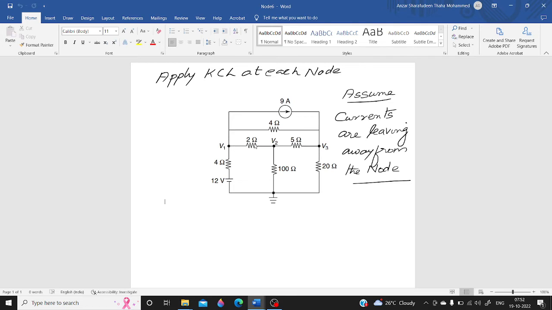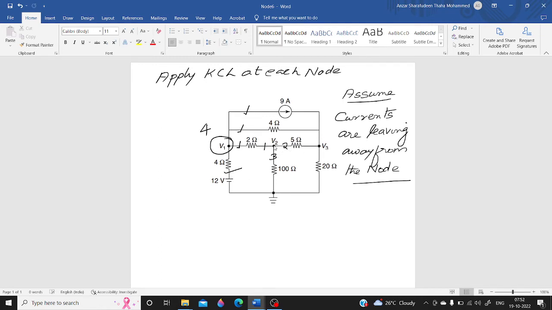How many branches are connected to V1? This branch, this branch, and this branch. Four branches are associated with node V1, so definitely it is a node. And V2, how many branches are connected? 1, 2, and 3.